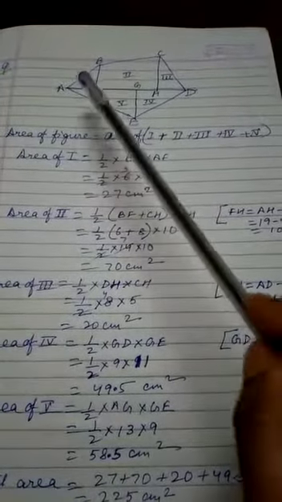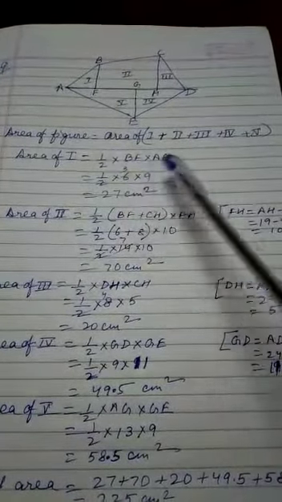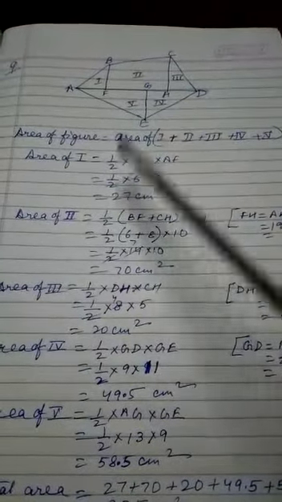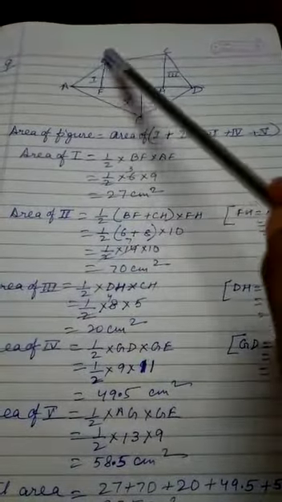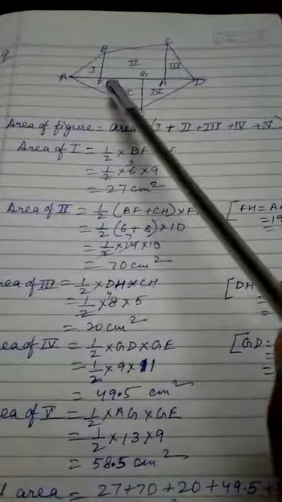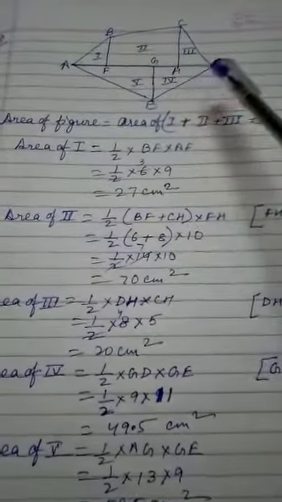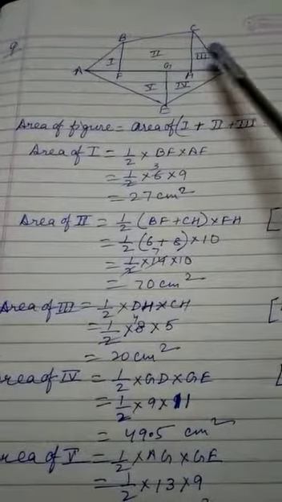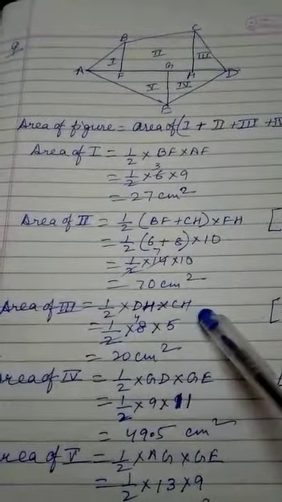So area of the first one is half into base into height, and we'll get the area. Then the second one is a trapezium, half into sum of parallel sides BF plus CH, into the height, that is FH. We'll get the area. Then for the third one, again a triangle, half into base into height.